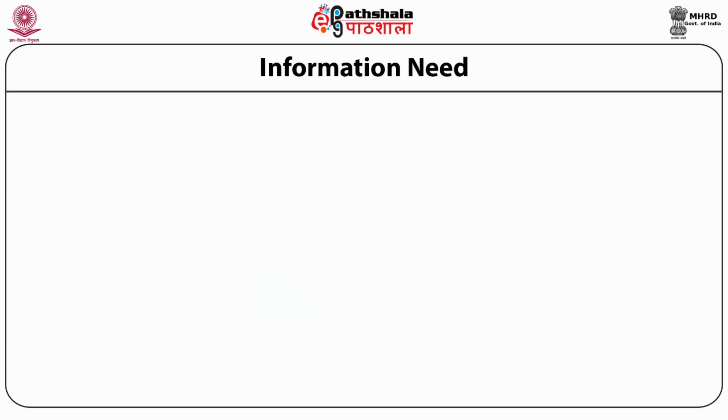Information system. Another term which is frequently used in information use and information behavior, information needs, is information system. This term has been used in the text of this module frequently.